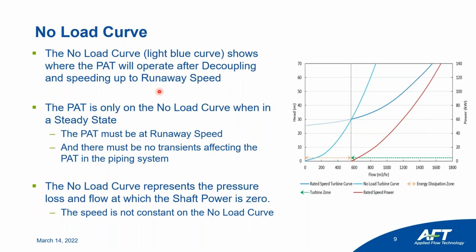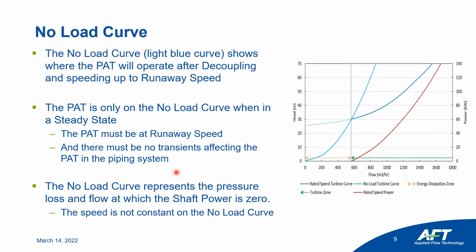And it represents the steady state at which a decoupled PAT is at runaway speed. So the PAT is only on this curve when at runaway speed and when there is no transient affecting the PAT in the piping system.